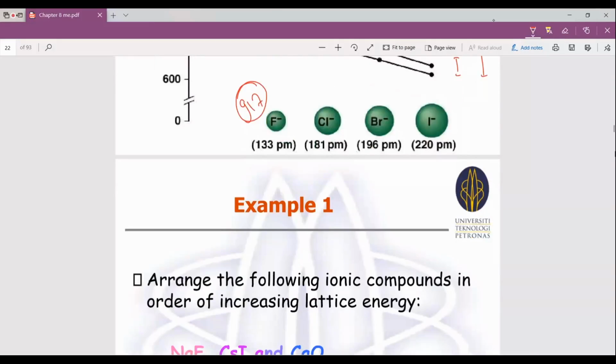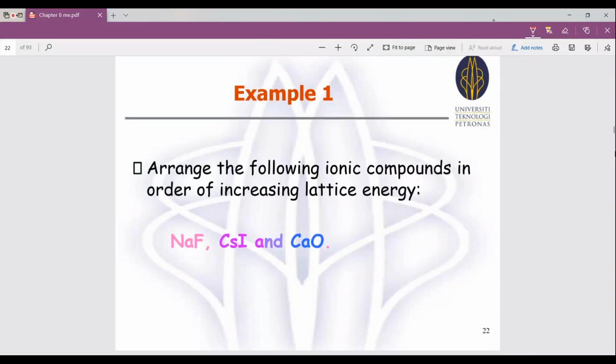Okay, then look at example 1. Arrange the following ionic compounds in order of increasing lattice energy. So how do we identify which one is the highest lattice energy and which one is the lowest? We have to see the charges. The Na and Cs are in the same group 1, isn't it?